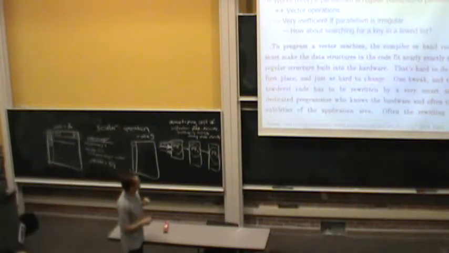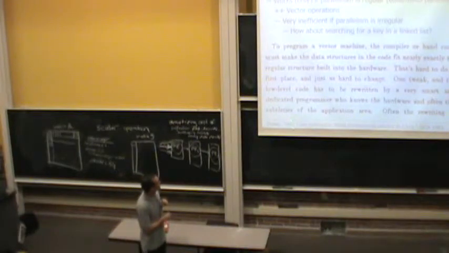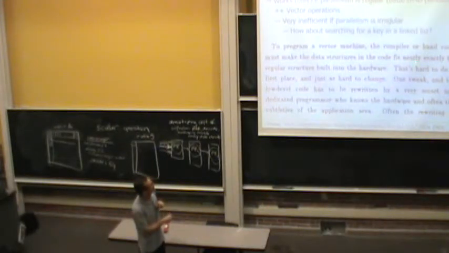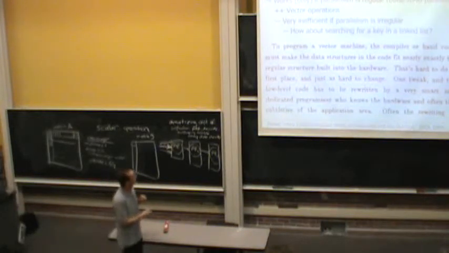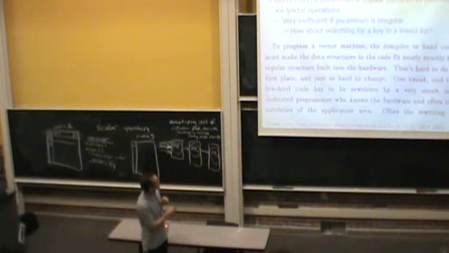Actually, this is from the paper that introduced very long instruction word architectures as an alternative to vector architectures. What Josh Fisher says is, to program a vector machine, the compiler or hand-coder must make the data structures in the code fit nearly exactly the regular structure built into the hardware, which is the vectors. That's hard to do in the first place, and just as hard to change.